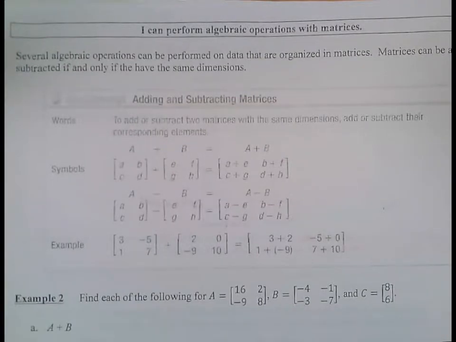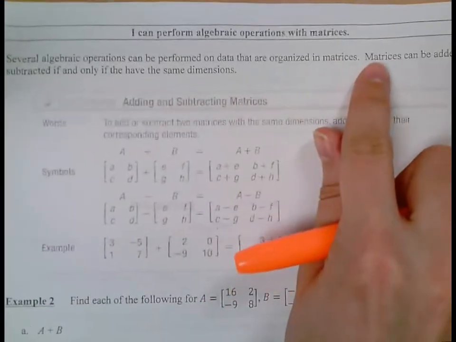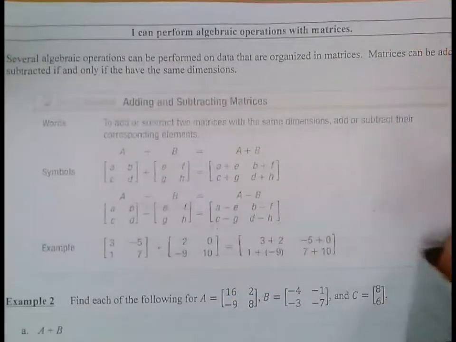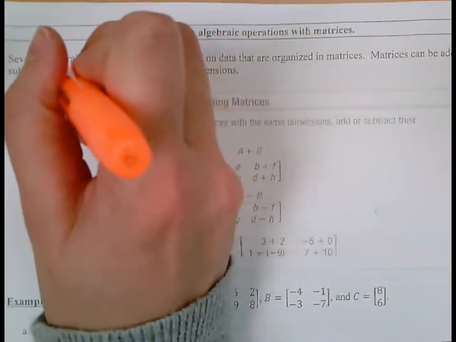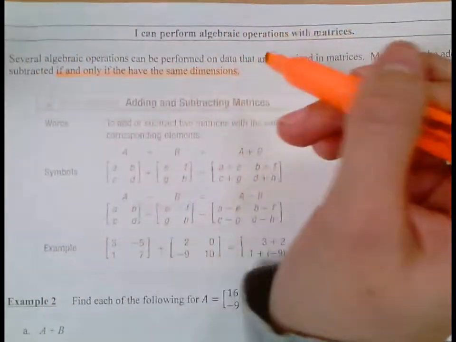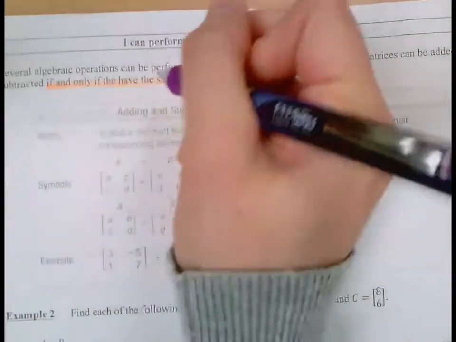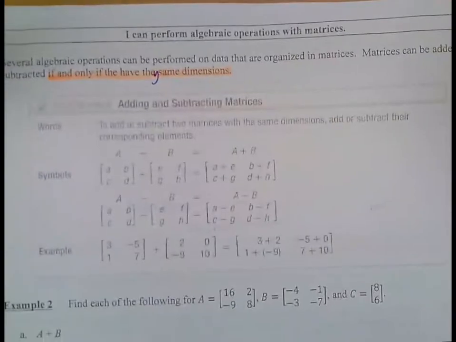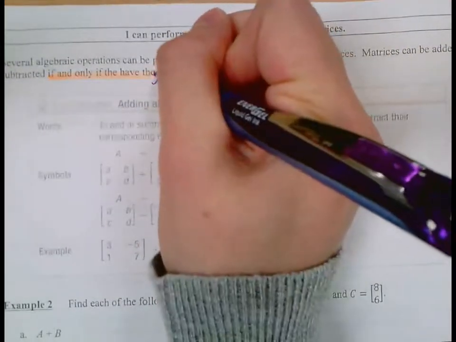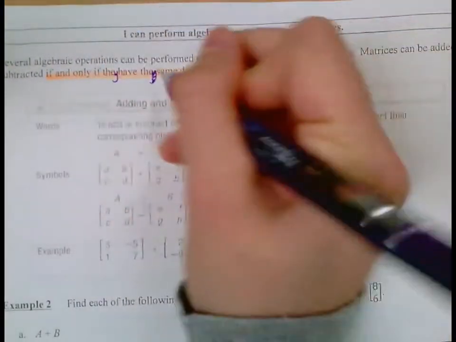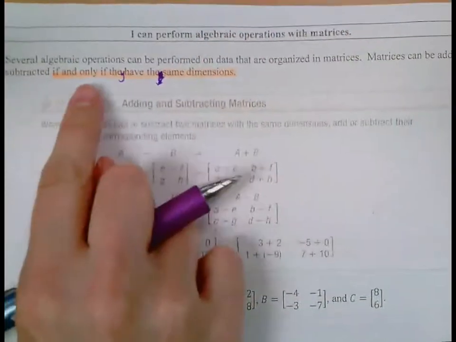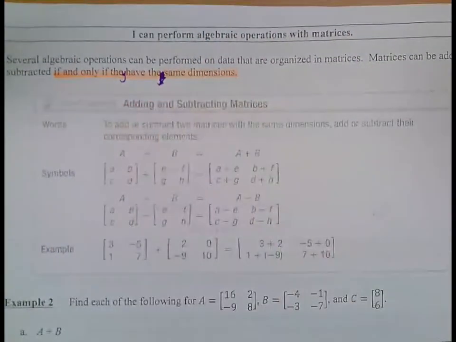So it does say at the top, I'm going to look at the second sentence here, matrices can be added or subtracted if and only if they have the same dimensions.